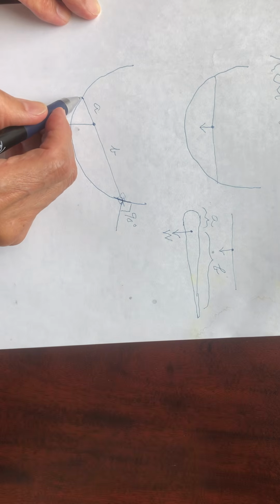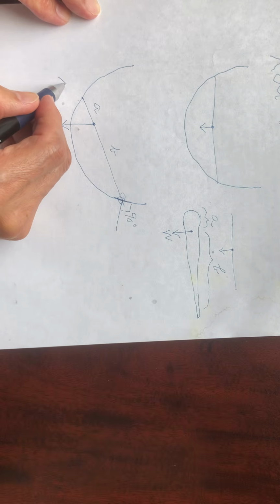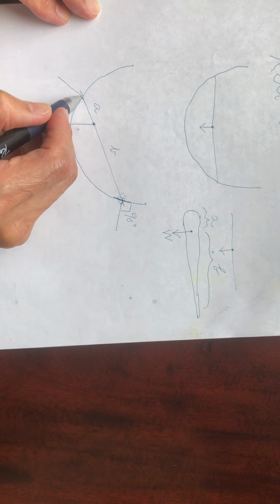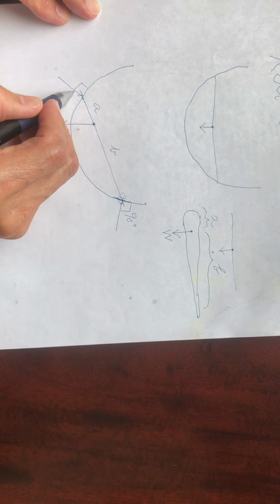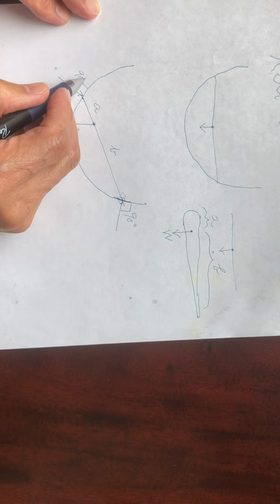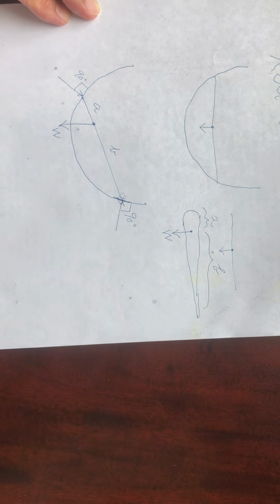Similarly, at this end, the reaction should be perpendicular to the ball's surface. This should be 90 degrees. That's what it means by the word smooth.